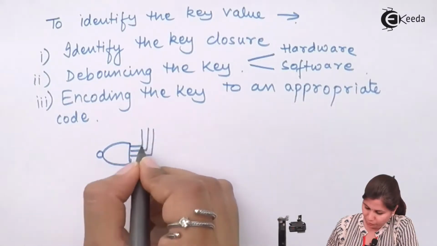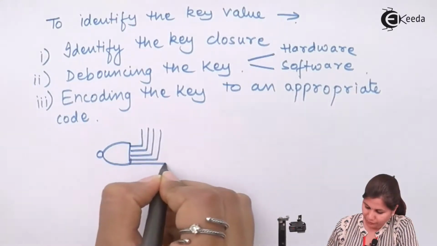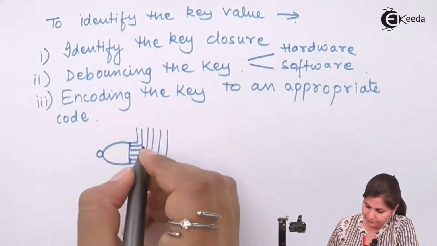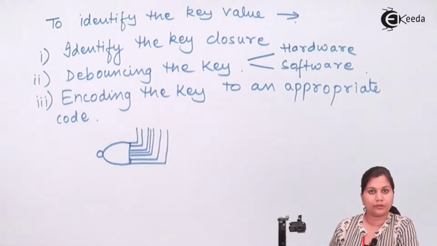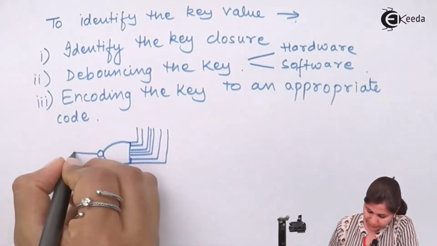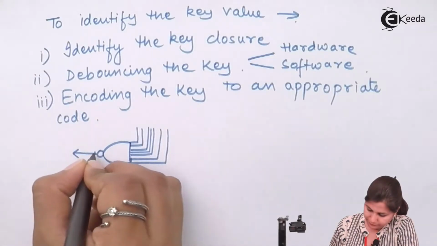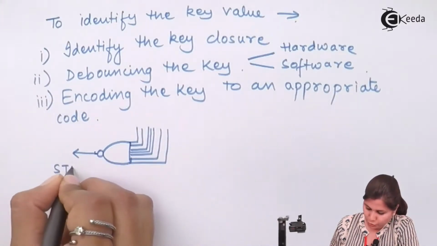The inputs will be all the 8 lines coming from the keys, and the output of this NAND gate will be a strobe signal.